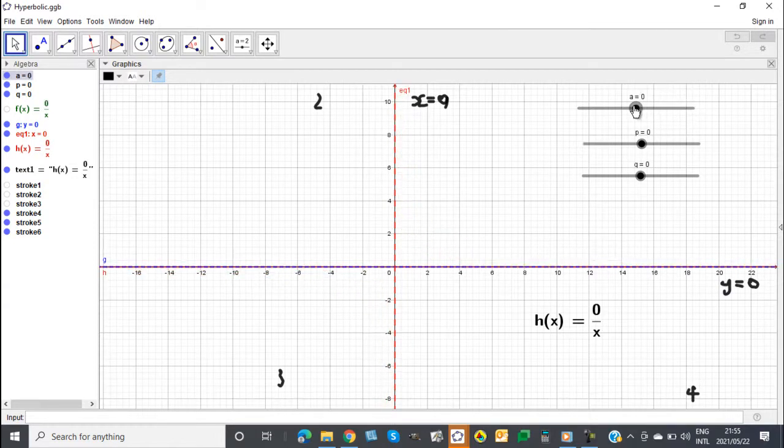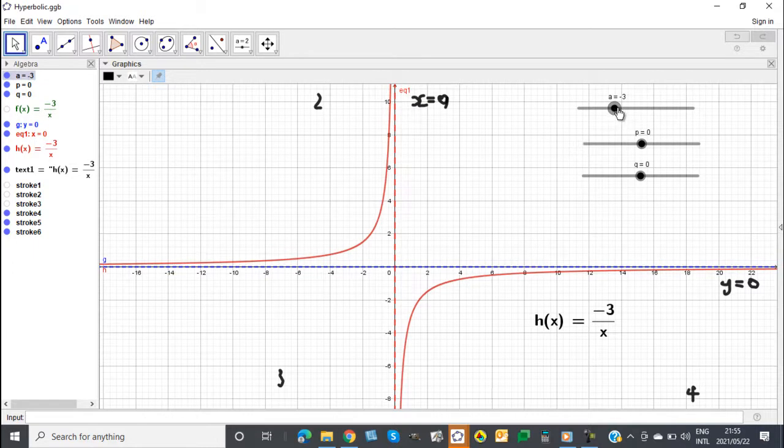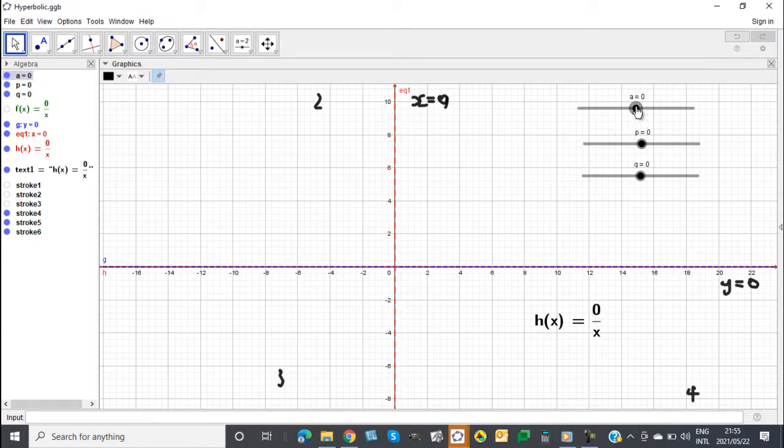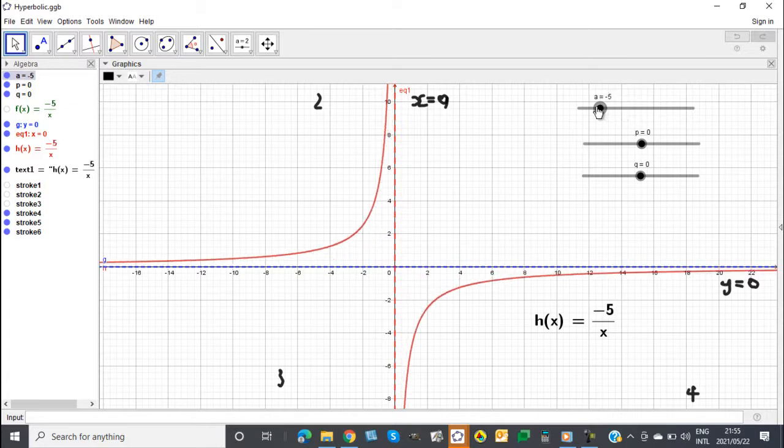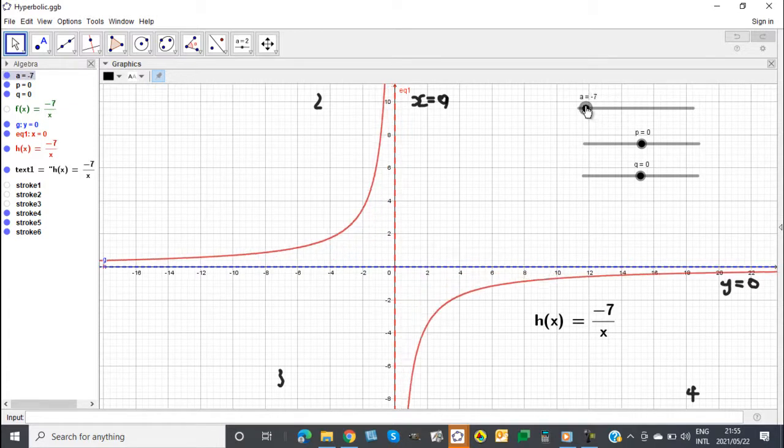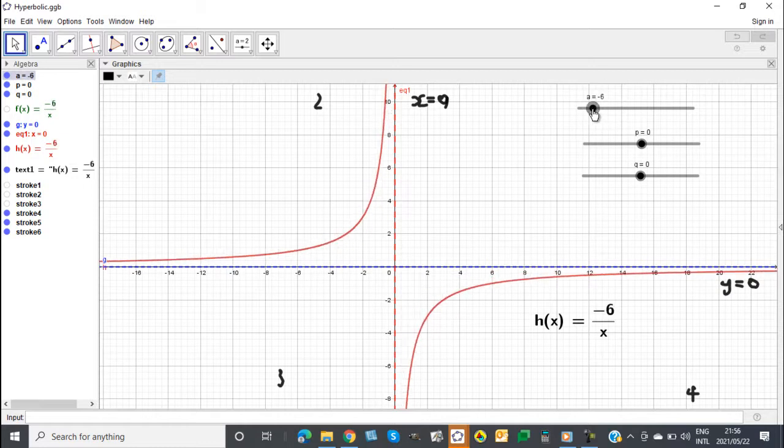So, A positive, first quadrant and the third quadrant. Now, as soon as my A becomes negative, well, obviously when your A is 0, you don't have the hyperbolic because A over x is 0, so you just have y equals 0. But as soon as your A becomes negative, you see your graph jumps to the second and the fourth quadrant.